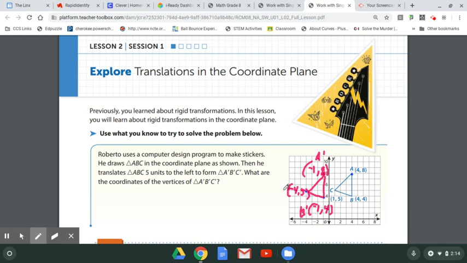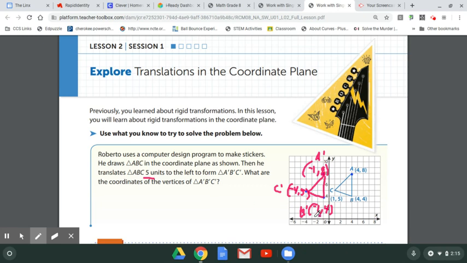And if you noticed that the y value stayed the same, and we subtracted 5 from the x value. Okay?